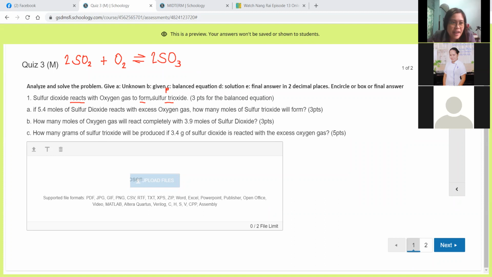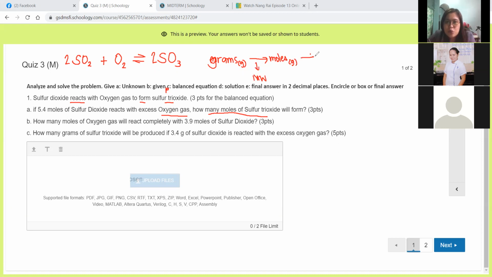Now for letter A, if 5.4 moles of sulfur dioxide reacts with excess oxygen gas, how many moles of sulfur trioxide will form? Remember our pattern? Sorry, this should be grams. If the given is in grams, converted to moles, you need the molecular weight.